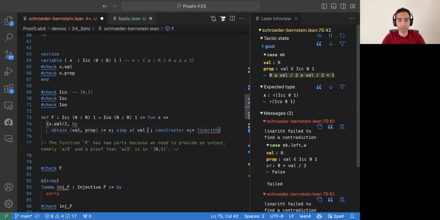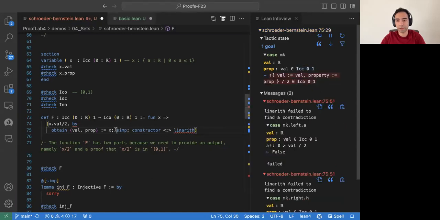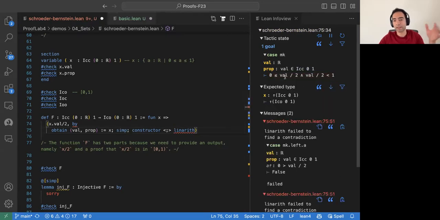If I just write simp, it does the same thing. The goal got simplified, because before, the goal was something complicated. So it simplifies the goal, saying that half of x is bigger than or equal to 0, and also is less than 1.